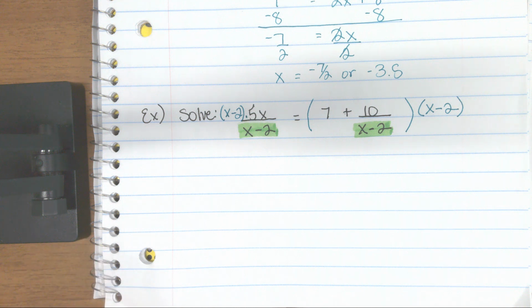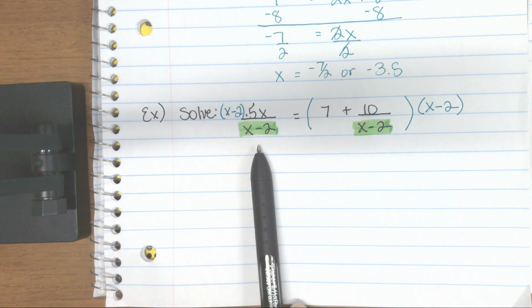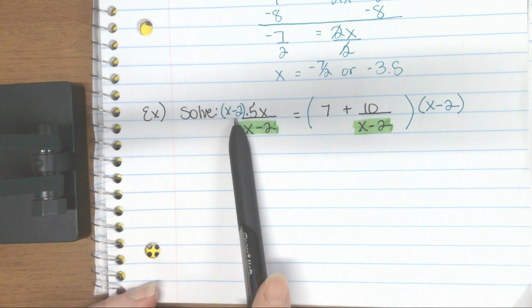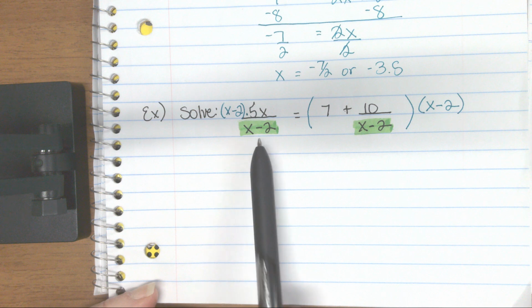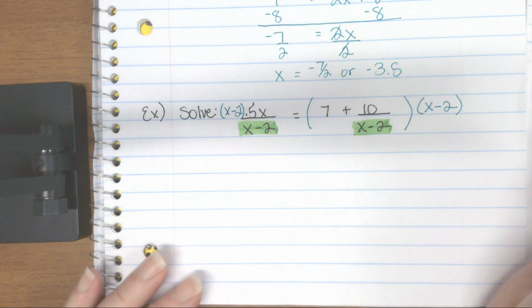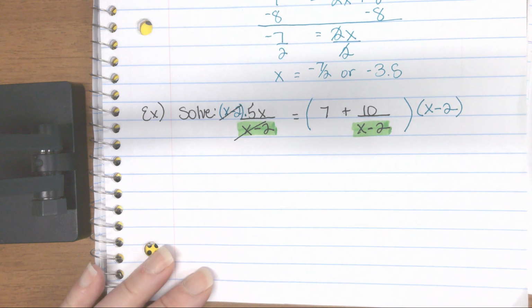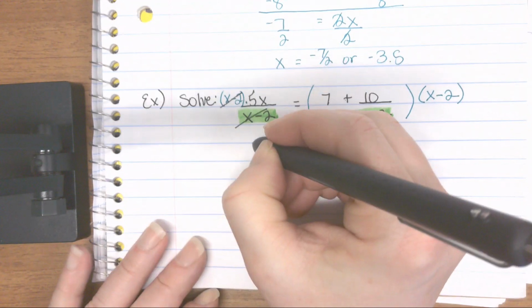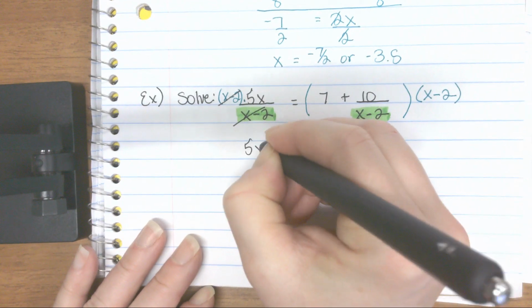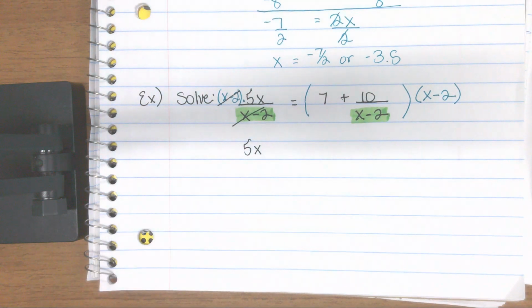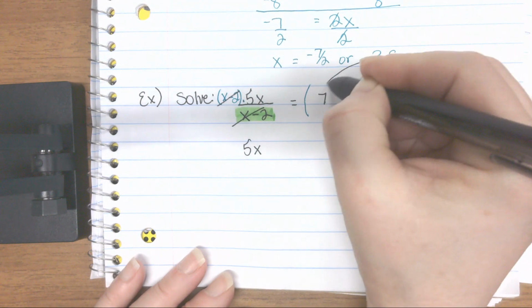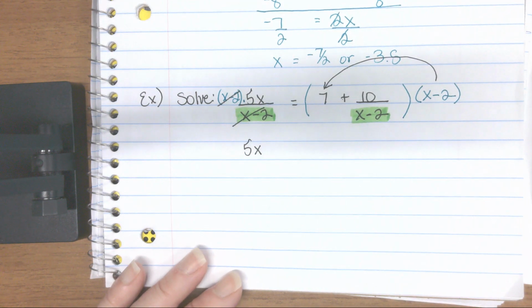Okay. So let's start on the left side. What happens if I have x minus 2 on top and x minus 2 on the denominator? What can I do there? Go ahead and cancel them. This time what I have left is a 5x. Okay. On the right side, I am going to have to distribute. There is nothing to cancel when I multiply over here.